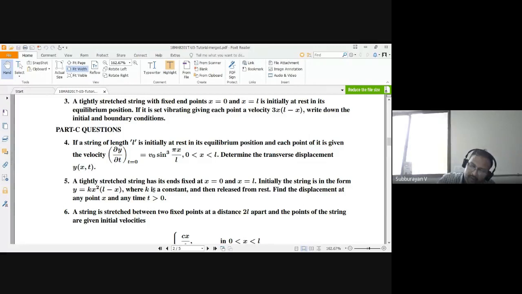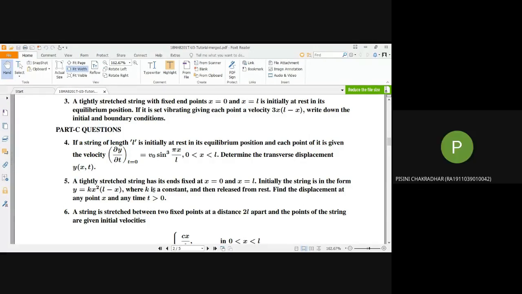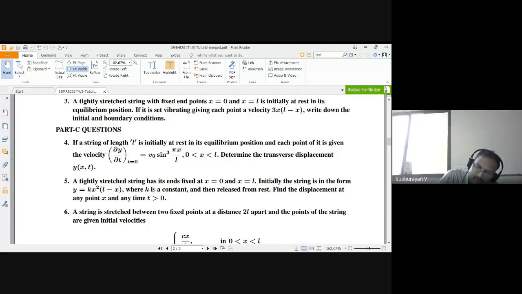Okay, now tell me what is your b1 dash? 3v0 by 4, and b2 dash is 0, b3 dash is v0 by 4.